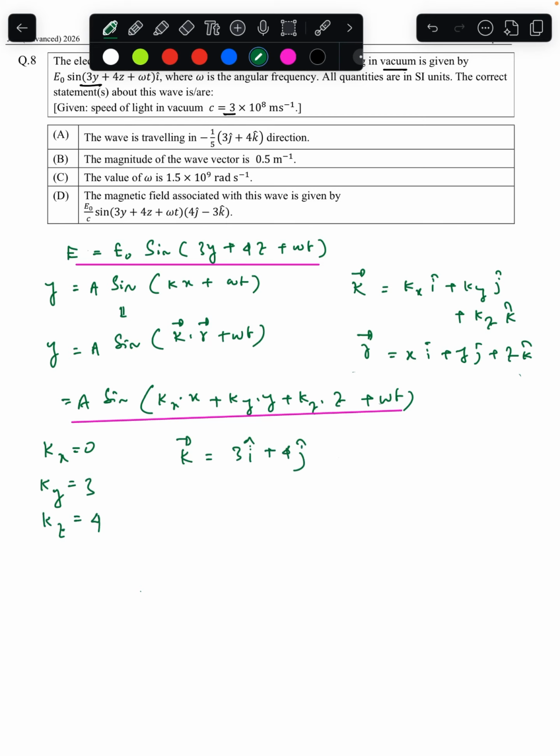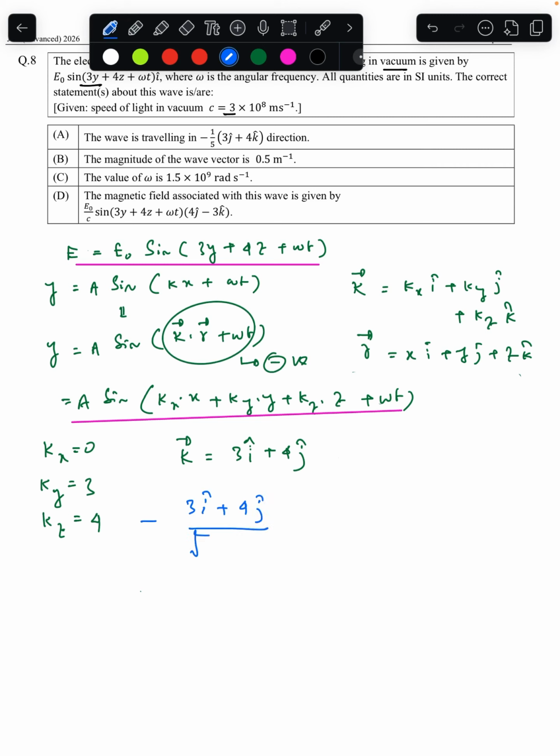Now to find out the direction of propagation, since the function is k dot r plus omega t, it is moving in the negative direction. So the direction of propagation will be 3i cap plus 4j cap with a minus sign.